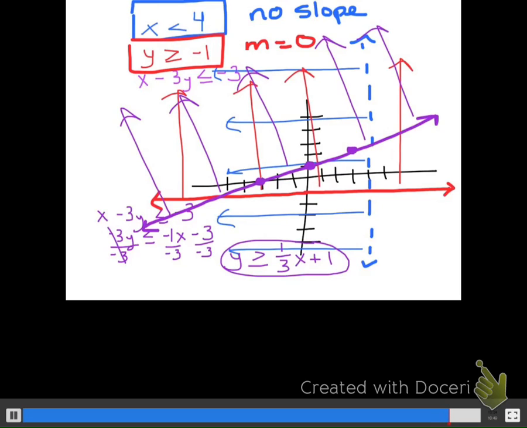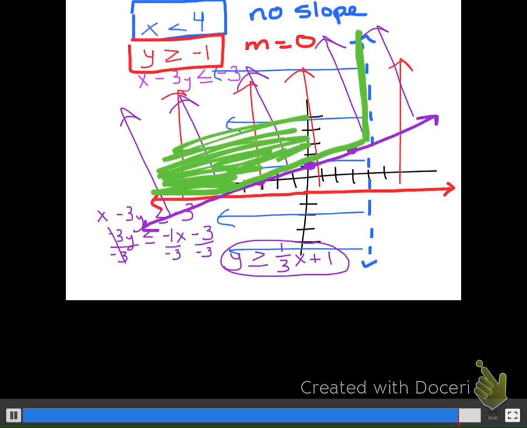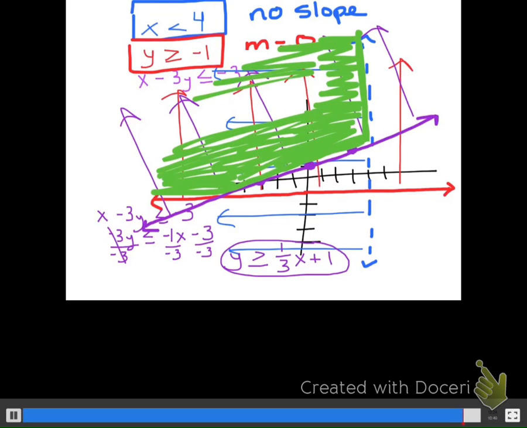Alright, so remember, it is to the left of this blue line. It's above the purple and above the red. So it is all the points in this area, right in here to the left of the blue.